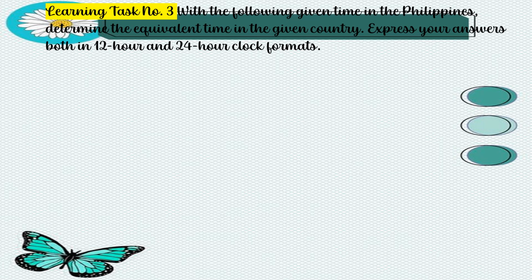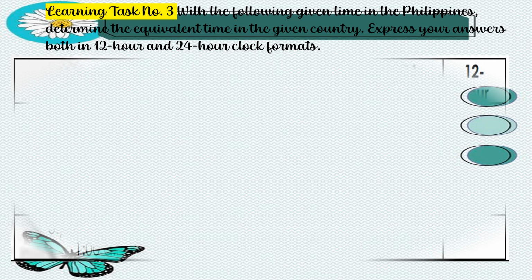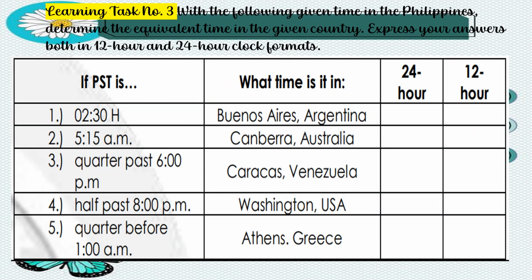Okay, for learning task number 3, with the following given time in the Philippines, determine the equivalent time in the given country. Express your answers both in 12-hour and 24-hour clock formats. So we have this. So for number 1, we have 230 hours. And then Buenos Aires, Argentina. And then 5:15 a.m. in the Philippines, in Canberra, Australia. And what time is it?